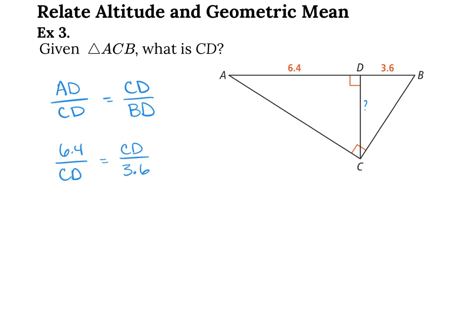All right, we'll cross multiply. CD times CD, I get CD squared. 6.4 times 3.6, I get 23.04. To get rid of my square on my CD, I'm going to take the square root. So I'm left with CD equals 4.8.